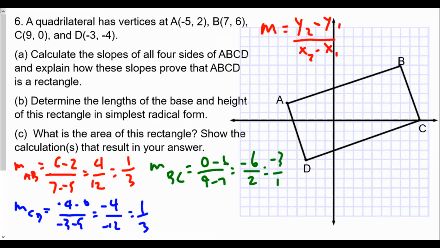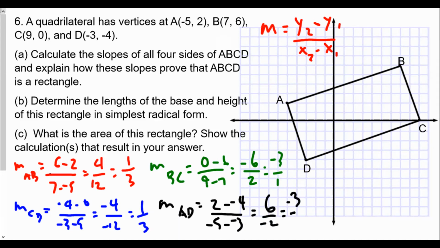And finally, the slope of AD will be 2 minus -4 over -5 minus -3, and that becomes 6 over -2, or -3 over 1.